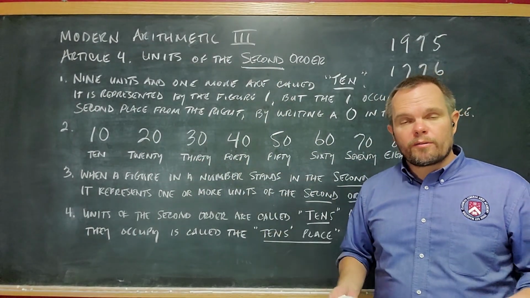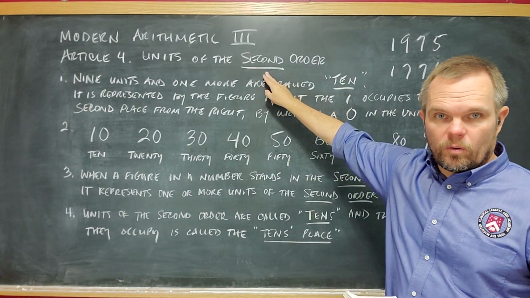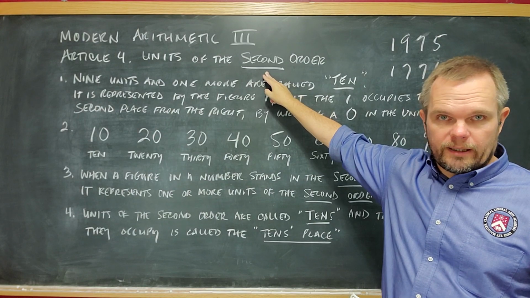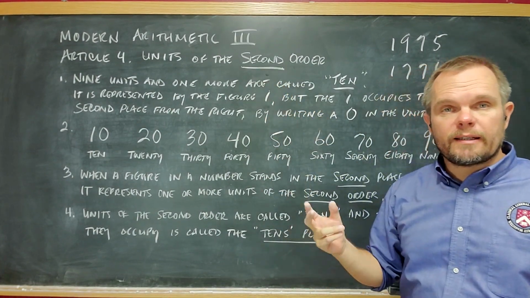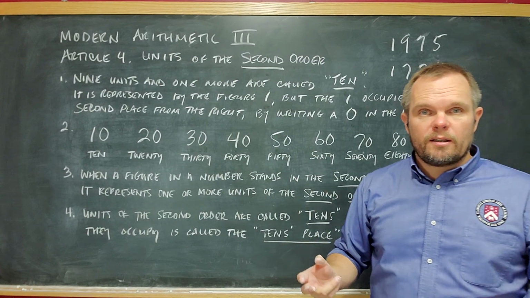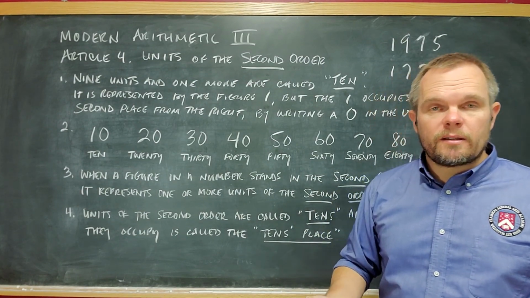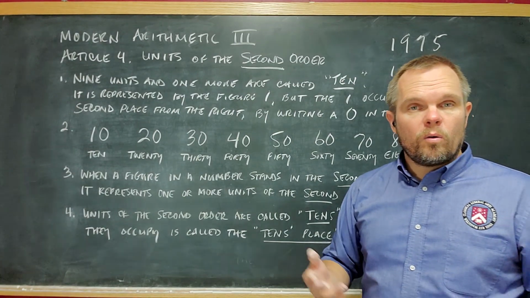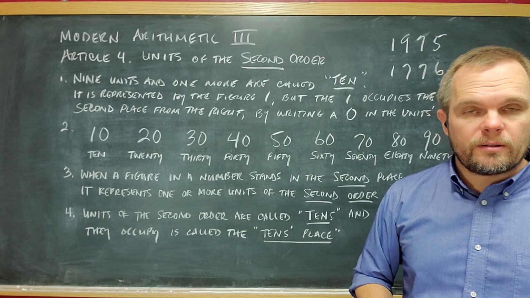Now, in Article 3, remember, we learned about the first order, the units place. We learned that the 9 significant figures in Arabic notation are used to represent 1 or more units, from 1 to 9 units.